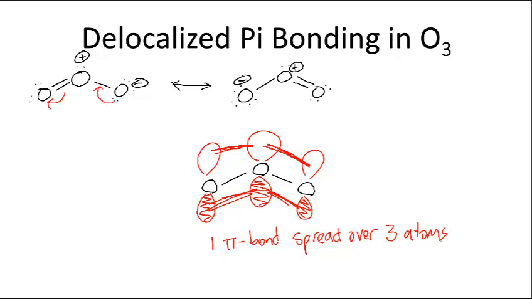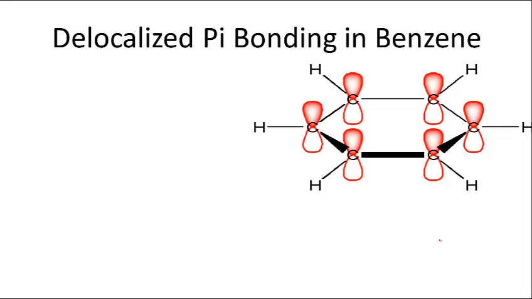So in a molecule like benzene, benzene can be described by 2 resonance structures. And I'm just going to draw the skeletal structures right now for the sake of time and space. But benzene can be described by those 2 resonance structures.